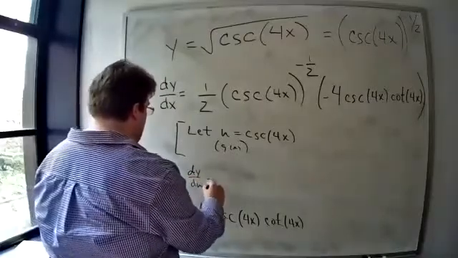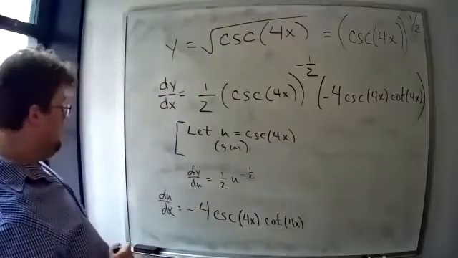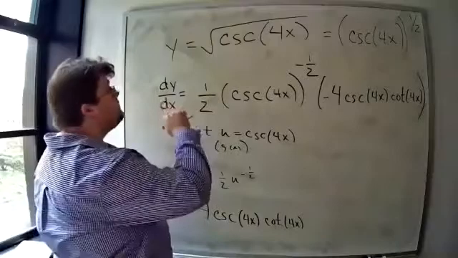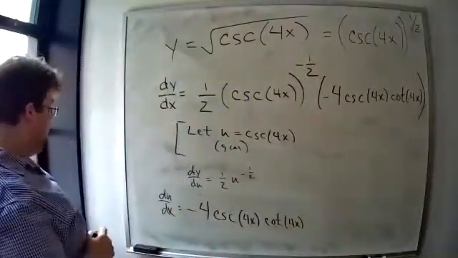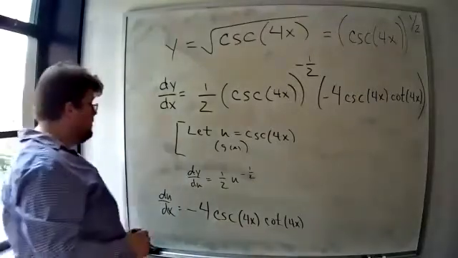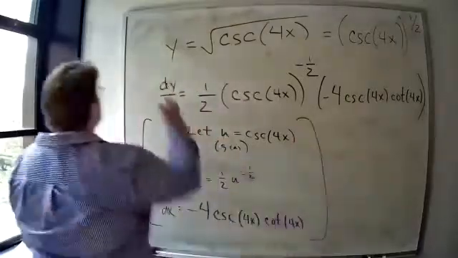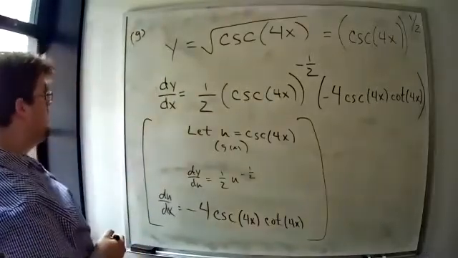So what is the dy over du? In this case, it's half u to the -1/2 because y equals u to the 1/2. Any questions about, I guess this should all be in parentheses. That was part F. Any questions about part F?